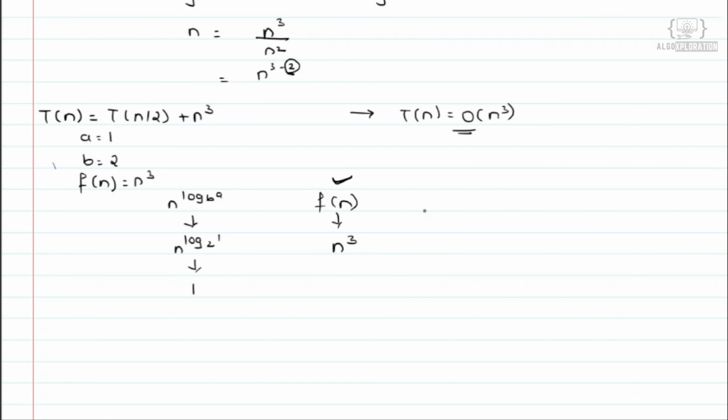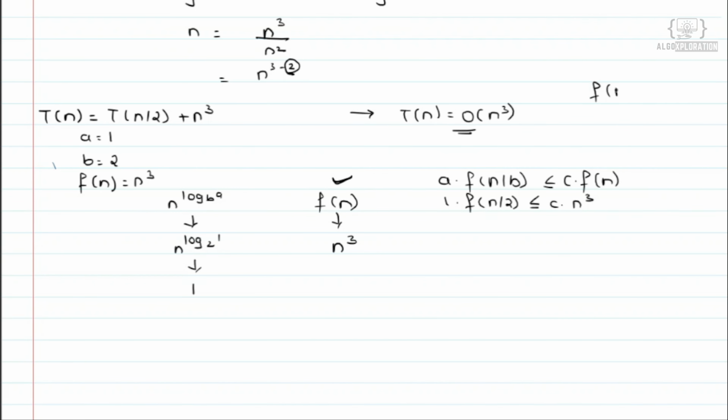Now since f of n is bigger, it goes to case 2. Now we have to check the regularity condition as well. Regularity condition says that a into f of n by b should be less than or equal to c into f of n. Now the value of a is 1, f of n by 2 should be less than or equal to c into f of n, that is n cube.